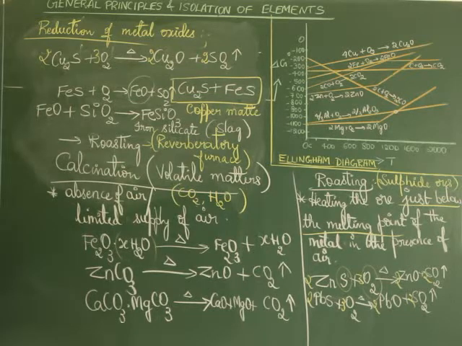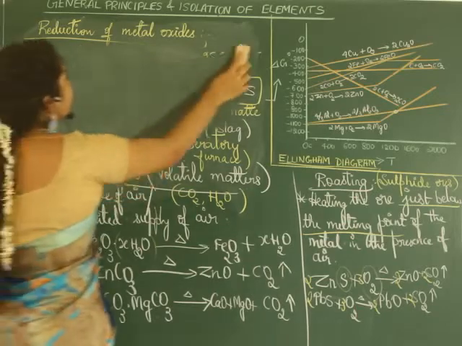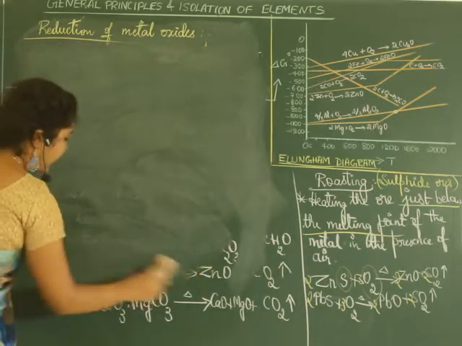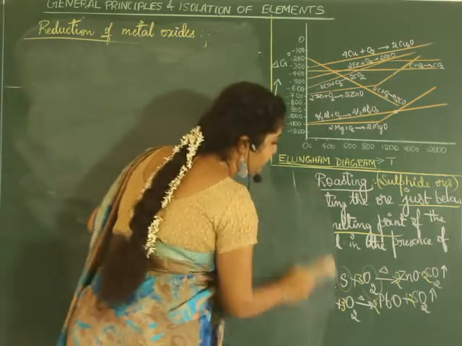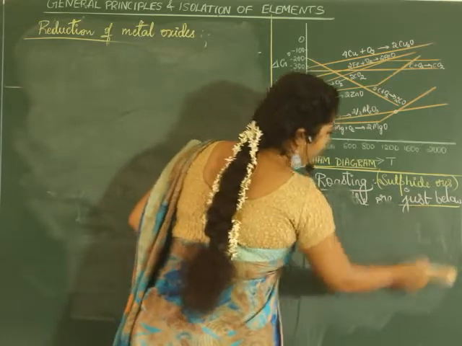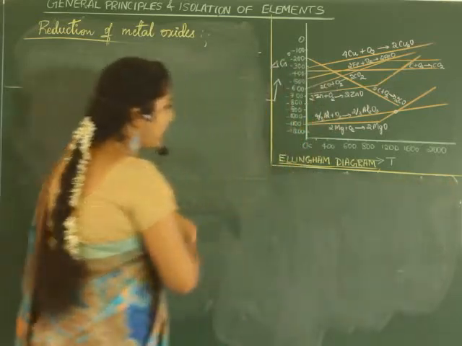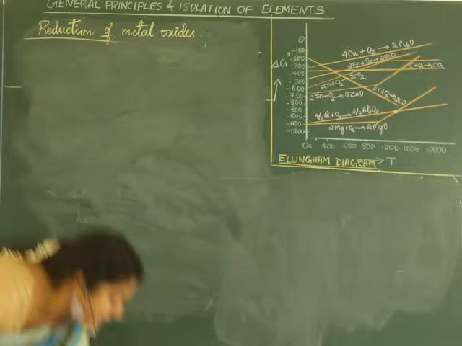Now let us see the next steps. The next step is reduction of metal oxide, isn't it? So during the reduction of metal oxide, what happens? If you have to reduce something, we have to use reducing agents.